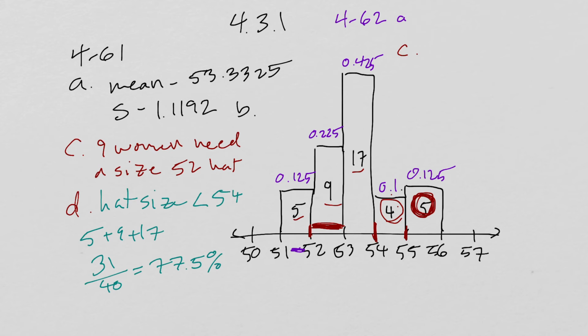So for part C, we're adding almost all of them together, right? We have 0.225 plus 0.425 plus 0.1 plus 0.125. If we add all those together, that is our percentage of hats between size 52 and 55.